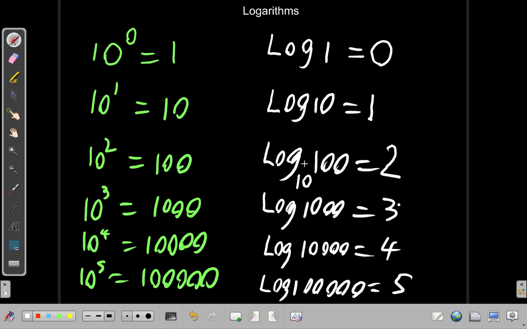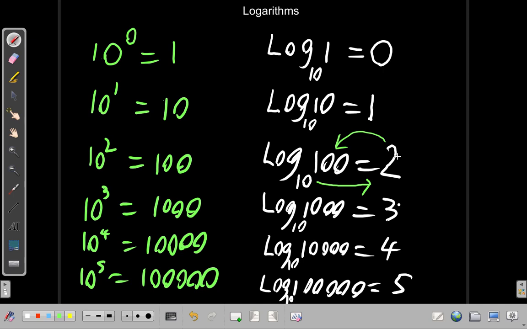And that's why your scientific calculator will show 10 to the x above the log button. So let's write down the base in each case. It's 10. Now this is saying, as you can see here, 10 to the 2 is 100. If you use this 10 raised to the power of 2, what do you get? It's going to be 100.